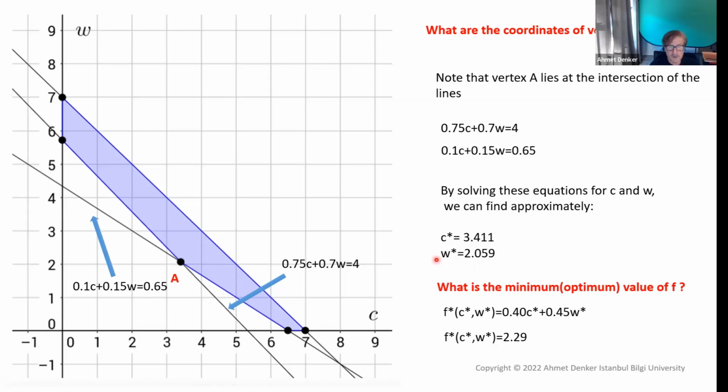And the value of C is 3.411, and W is 0.59 here, okay? And when we put them into the equation that we want to minimize, we obtain this value 2.29.